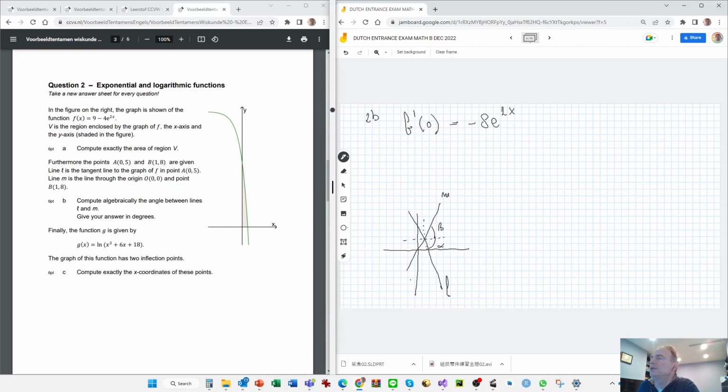So e to the power 2x, the differentiation will give you a factor 2, which I multiply by 4 here, and I need to evaluate it at x equal to 0. So that is just minus 8.